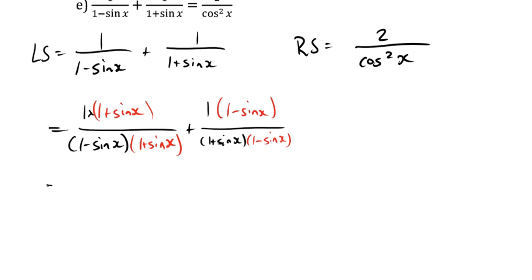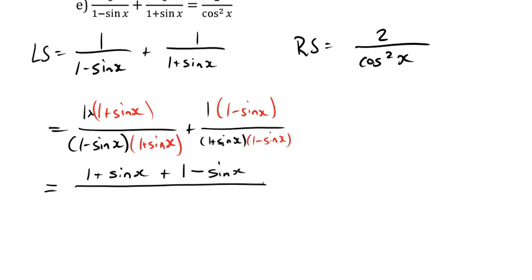Okay, so this is where we start kind of simplifying. So I get 1 plus sine x plus 1 minus sine x over, and you don't have to do this in 2 steps, but we might as well. If you didn't see it, it is hard to be working on top and on the bottom unless you know where you're going.